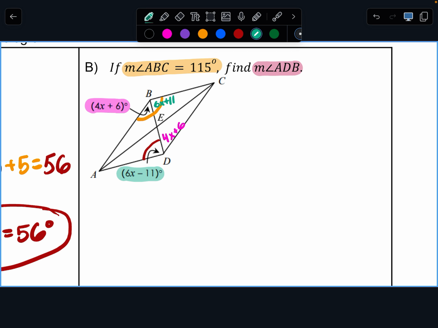So I need to set up an equation that allows me to solve for x. And I'm given that the measure of angle ABC is 115. So I can say that 4x plus 6 plus 6x plus 11, sorry, that should be minus 11, equals 115.